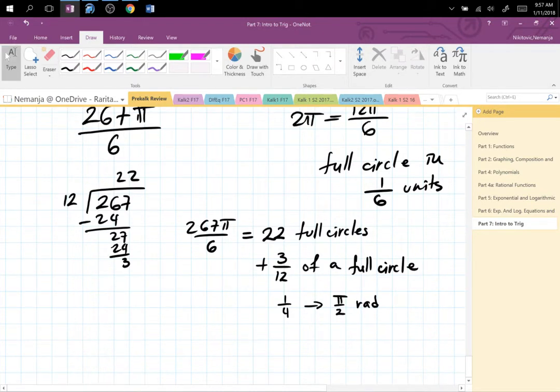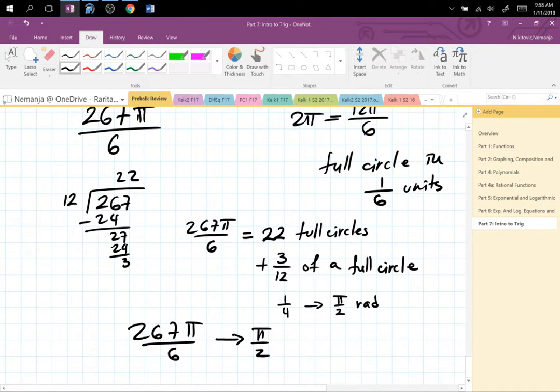So what do you have? You have 22 revolutions. And this whole thing, 267 pi over 6, is equivalent. I don't want to put equal. It's not the same as pi over 2, but it's in the same location, right? So it reduces to pi over 2, if I did my calculations correctly.